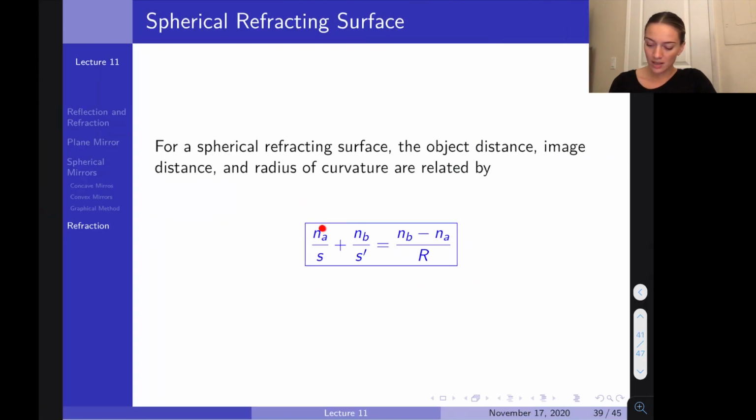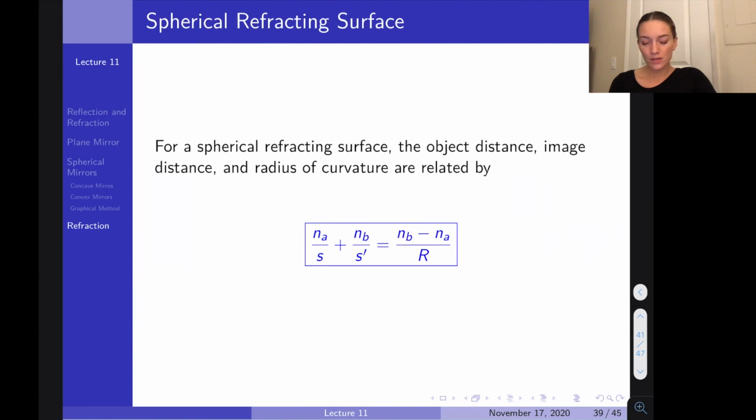So obviously n_a is our first index of refraction, n_b is the second. We have our image distance, s prime, and our object distance s, and then we have the radius of curvature R. And again, you have to keep track of whether they're positive or negative. We're going to be using the same sign conventions as before with mirrors, where R is negative if it's on the opposite side as the outgoing rays.